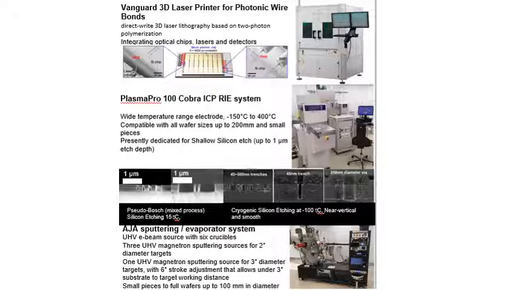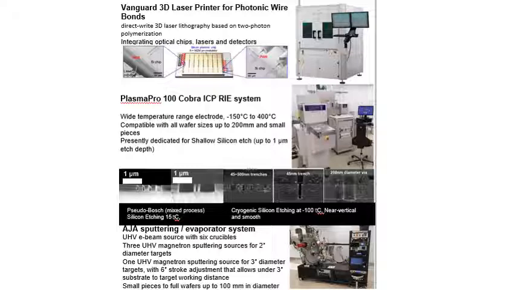It can also be used to connect pigtailed optical fibers to an optical chip, so sort of a packaging technology. The way it achieves this is by doing a direct write based on 2-photon polymerization. So this tool is heavily used, and we have a few full-time researchers who actually work on this tool in-house.